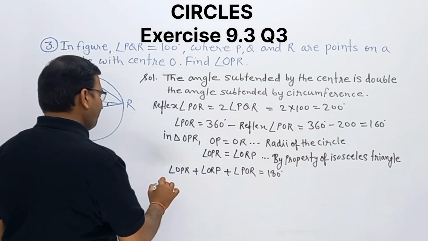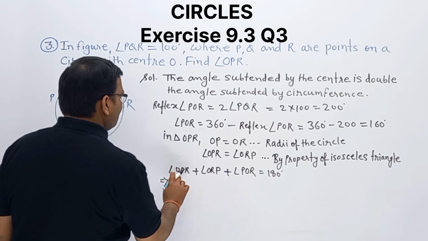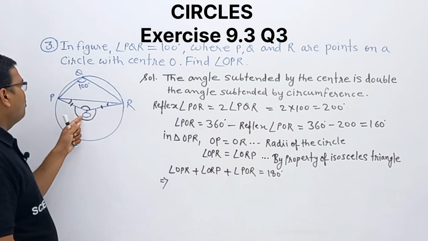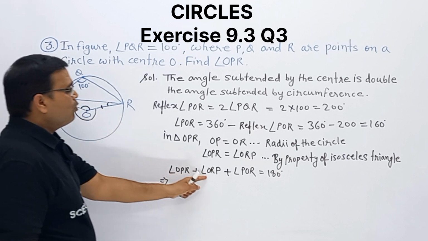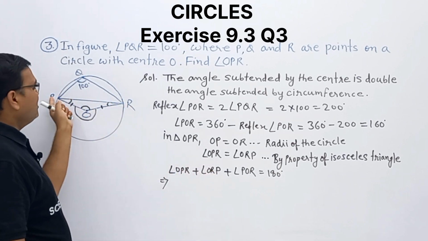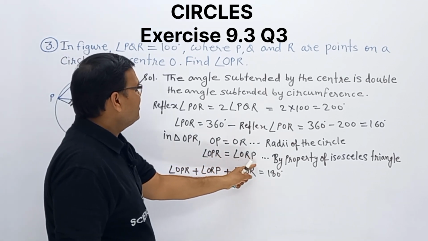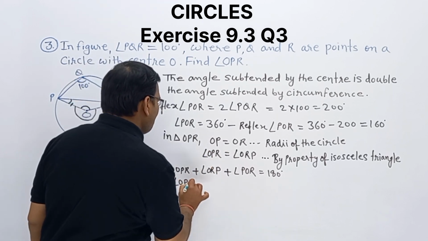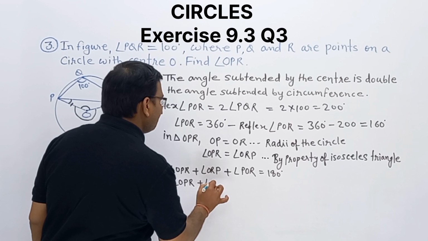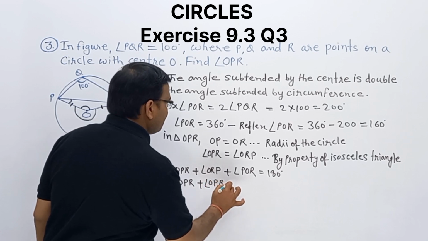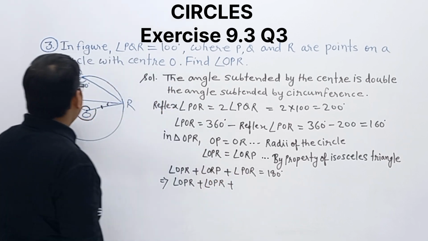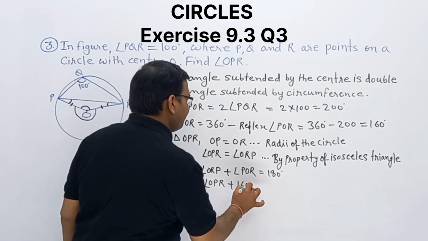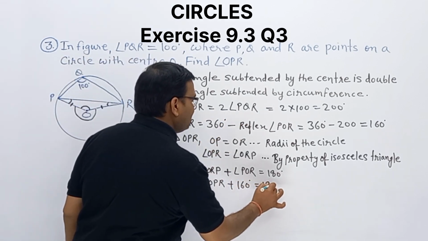Clear? Put the values. OPR we want. ORP is equal to OPR. So in place of ORP we can write angle OPR, plus angle POR, which we obtained as 160 degrees, equals 180 degrees.